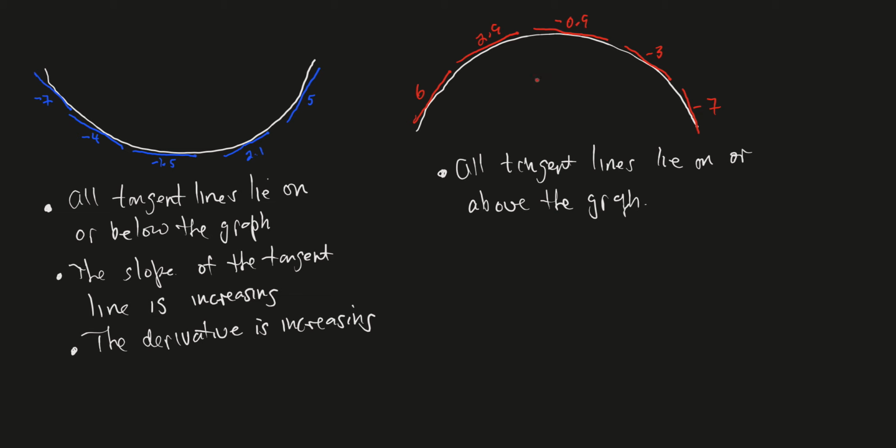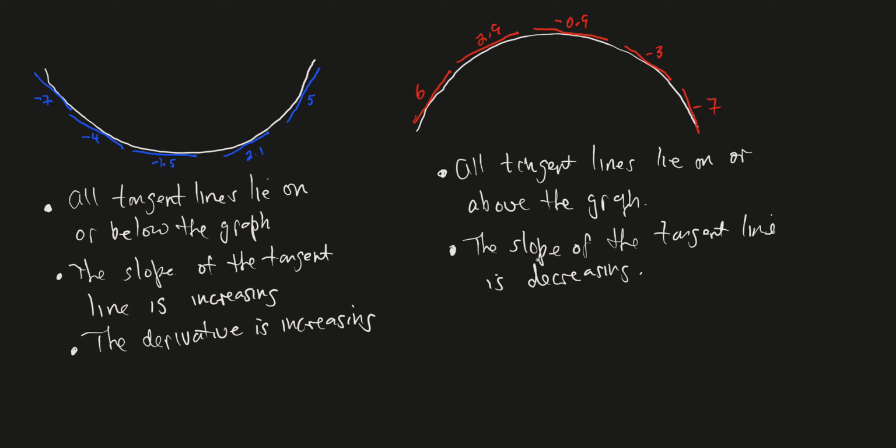They're decreasing. You start out from a relatively large positive number, and then you get a large number in magnitude, but it's negative. So let's again write the analogy of this one. The slope of the tangent line is now decreasing.